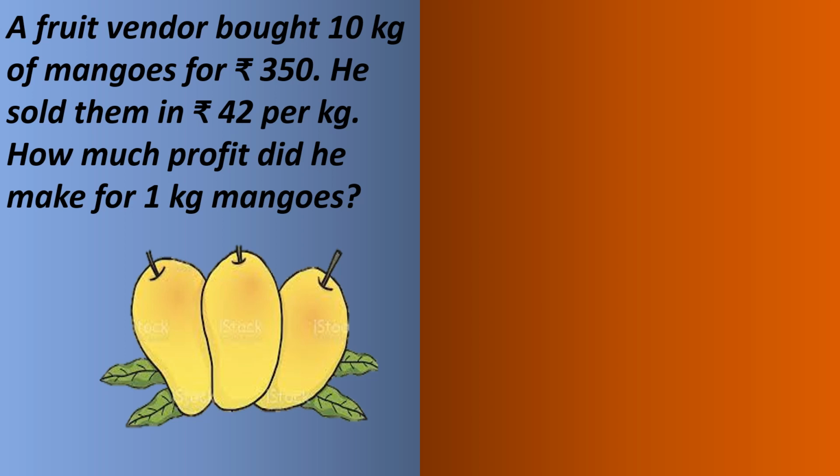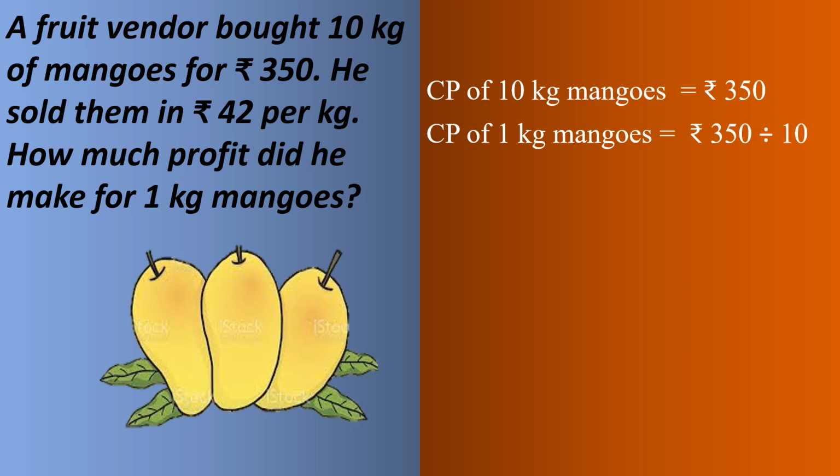Cost price of 10 kilograms of mangoes equals rupees 350. We will find out the cost price of 1 kilogram of mangoes, that is 350 divided by 10, it means rupees 35. And selling price of 1 kilogram of mangoes is rupees 42.